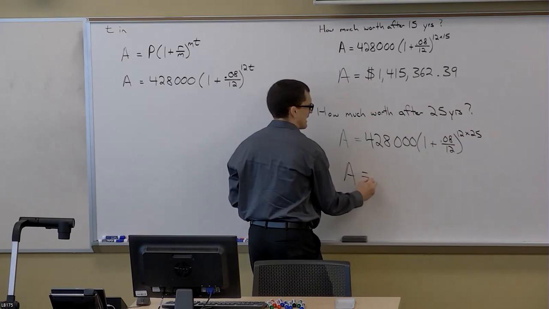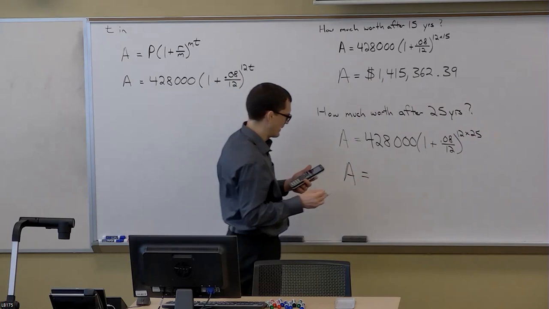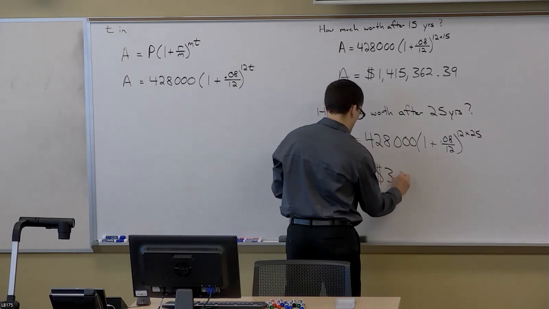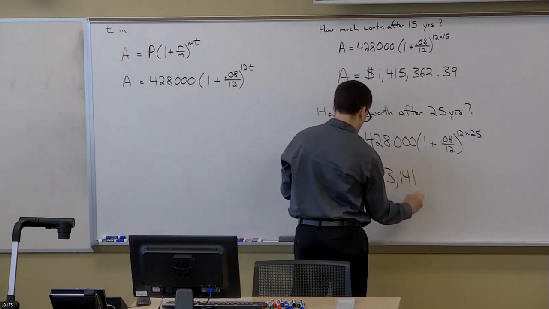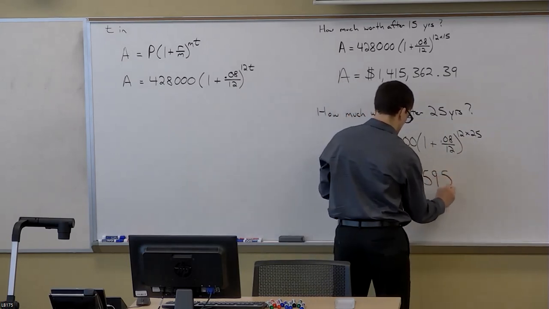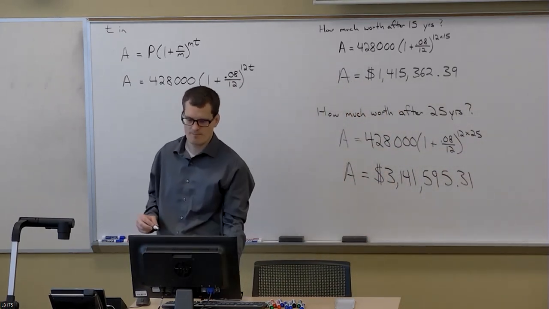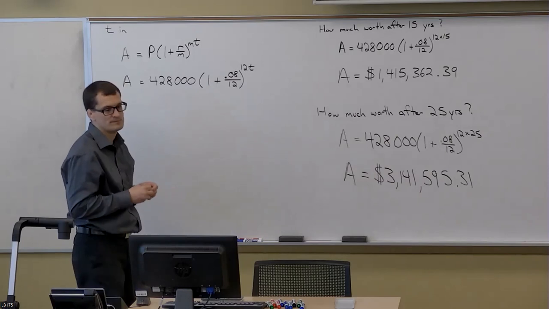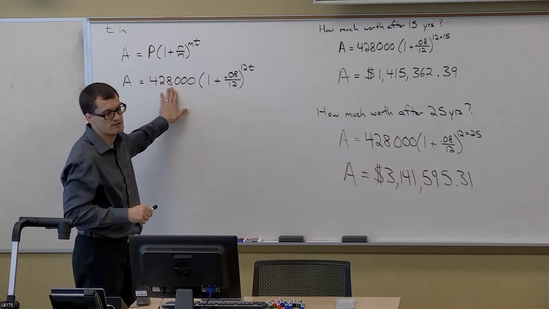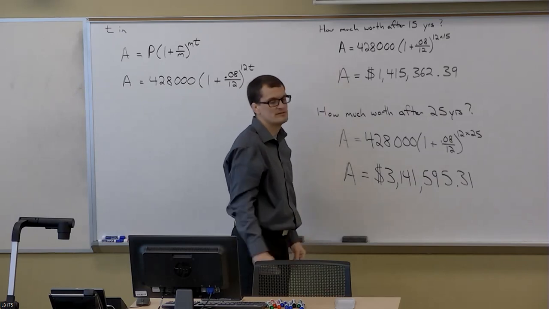Once I've done that calculation, I get 3,141,595.31. Is that right? So here's our model, and then we can use it to get answers.